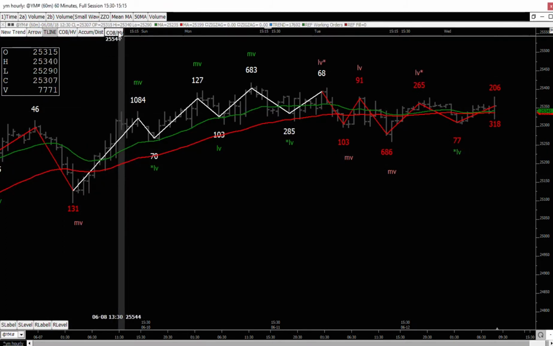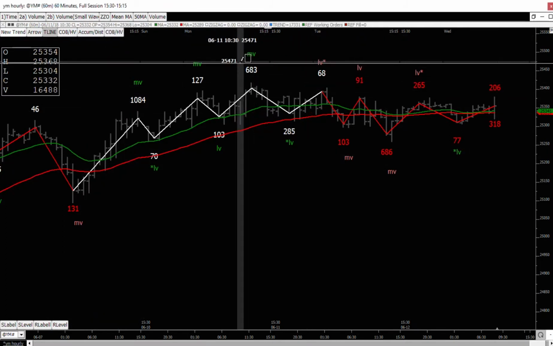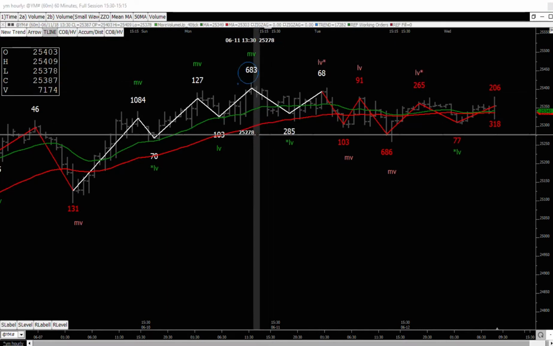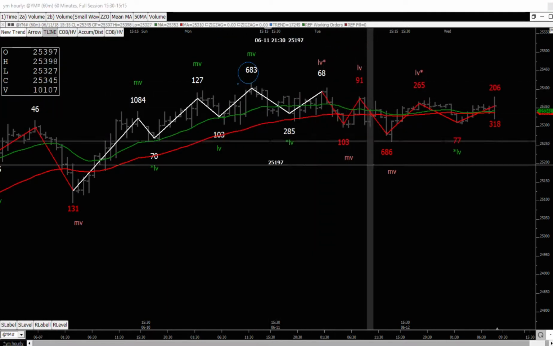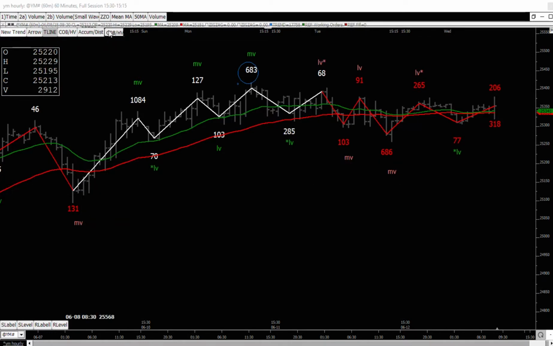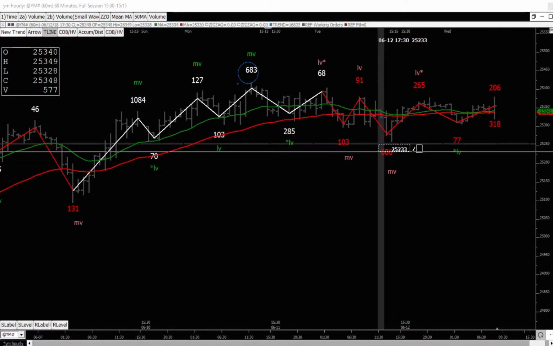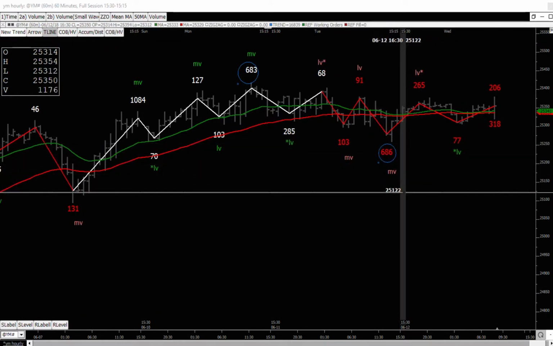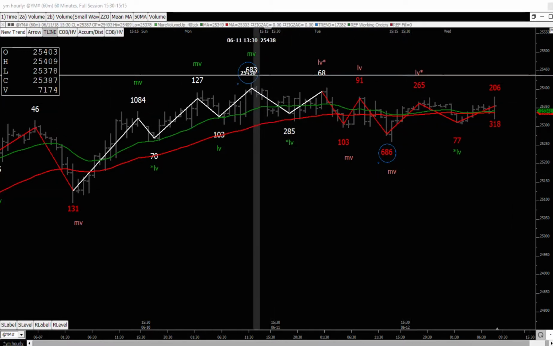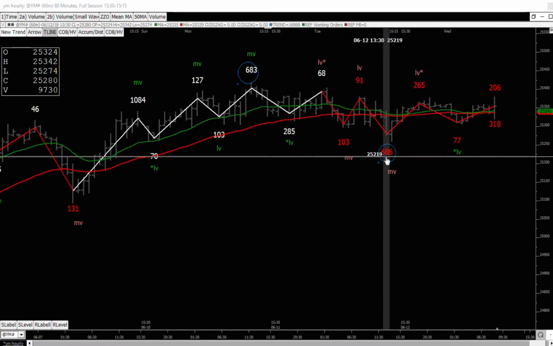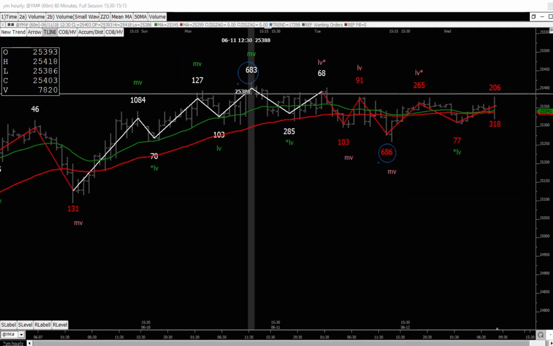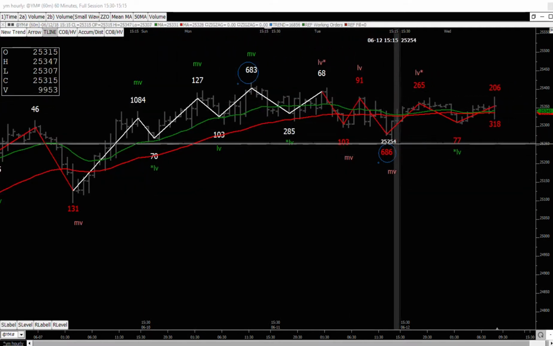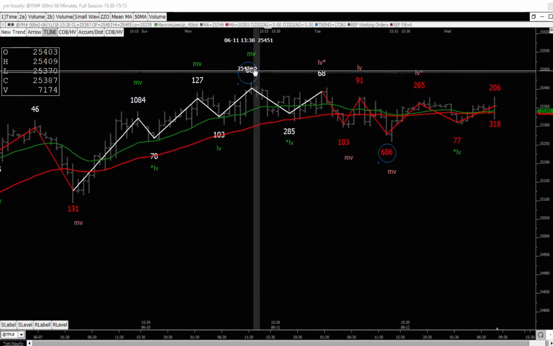Okay, watch. This here is 683. Now when it reverses, you have 686. When the numbers are close like that, in my mind it's almost as if someone exited on the up wave and took short positions on the down wave.